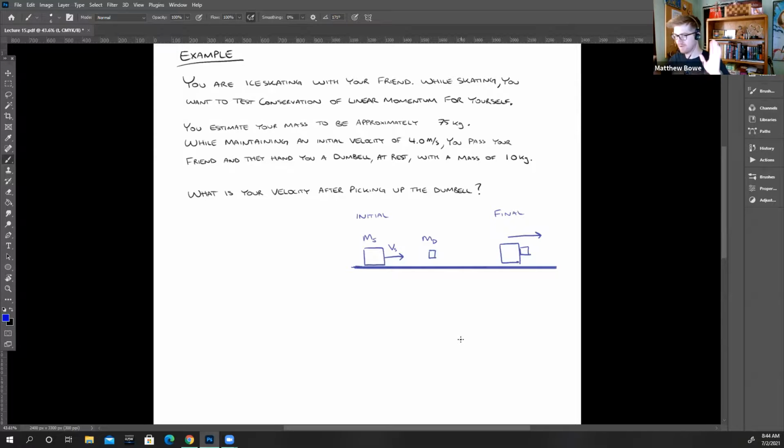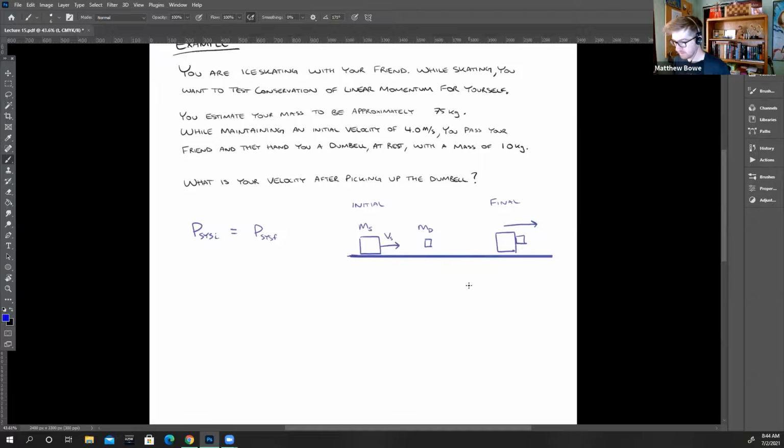There's no external forces. What that means is the momentum is conserved. So the momentum of the system for the initial conditions is equal to the momentum of the system for the final condition.